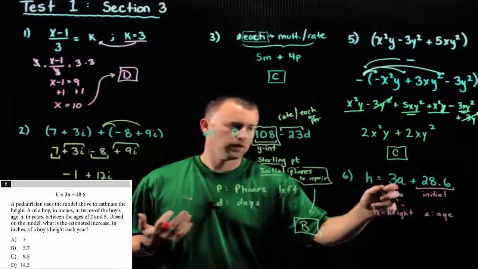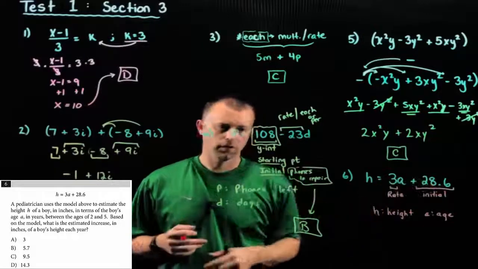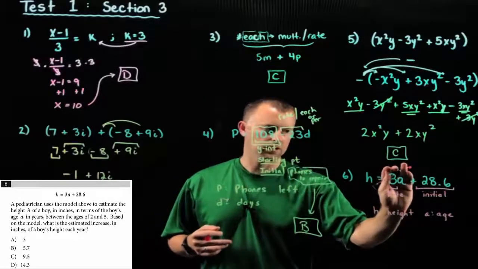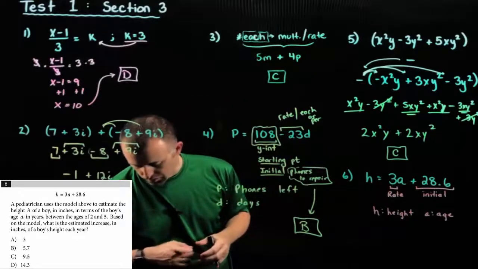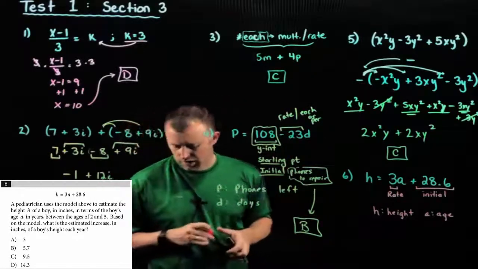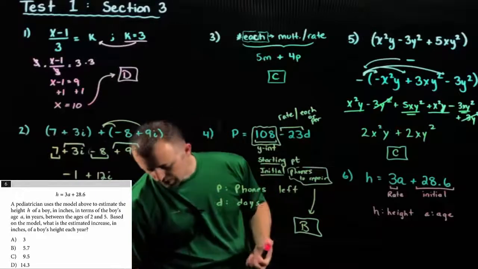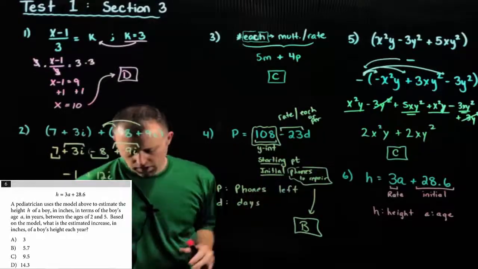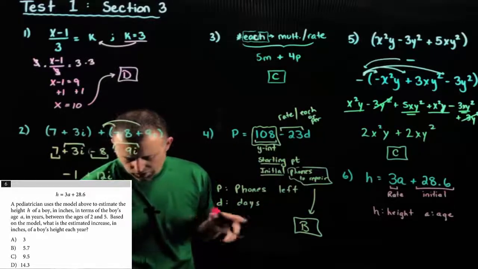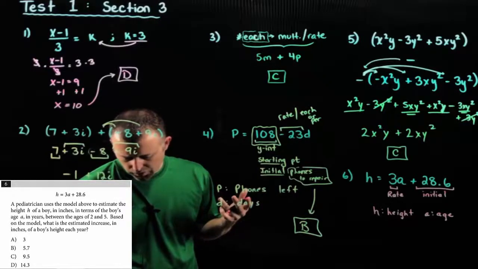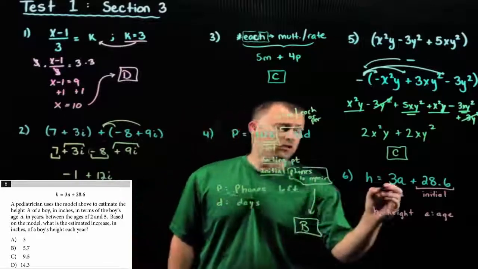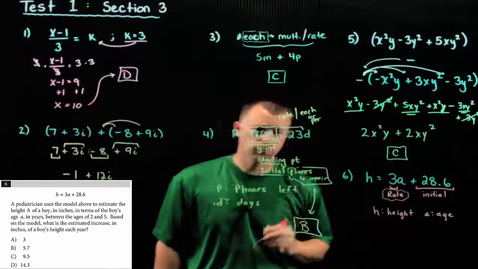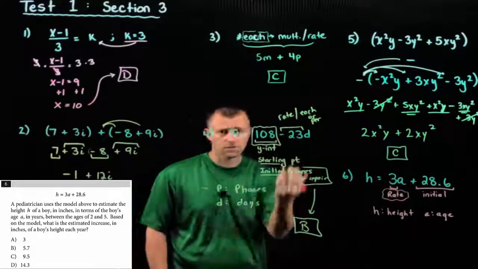So this is how old they are. This is their height. So obviously they get taller. They have an initial height of 28.6 inches, and then they start growing by, I guess, 3 inches each year, looks like what they're saying here. And this obviously only counts between the ages of 2 and 5, but that doesn't matter in this case because the question they're asking is what is the estimated increase? So we're talking about an increase. This should take you right here. Well, that's what a rate is. It's an increase or a decrease, but in this case it's an increase.